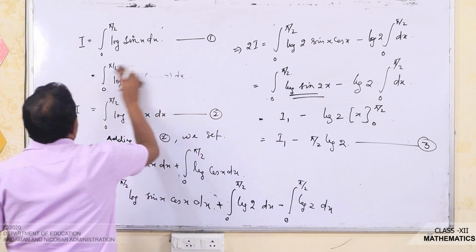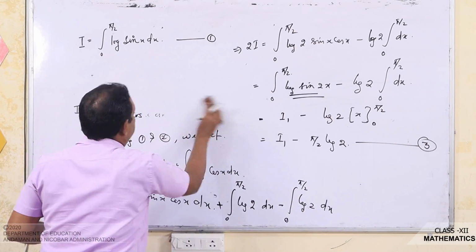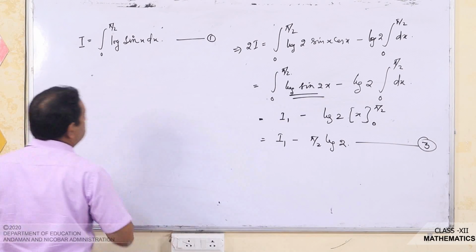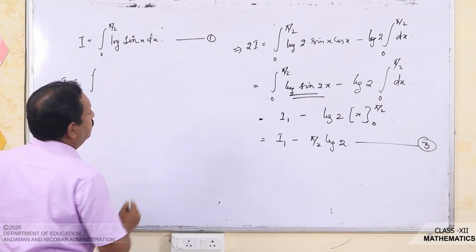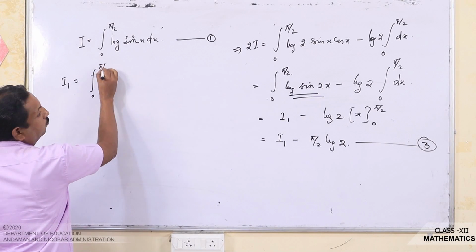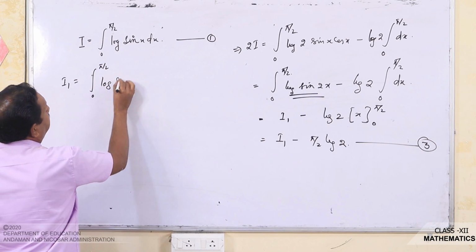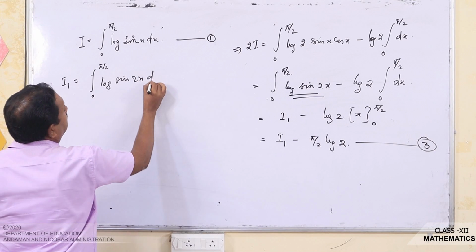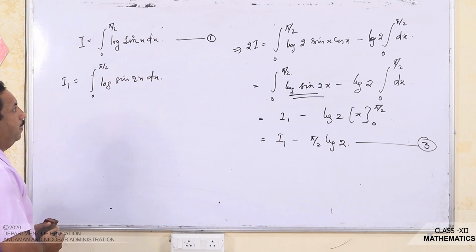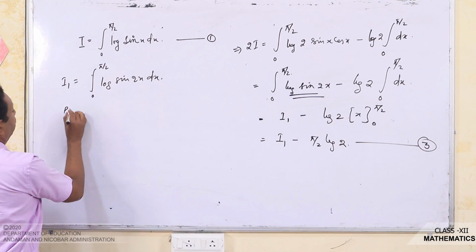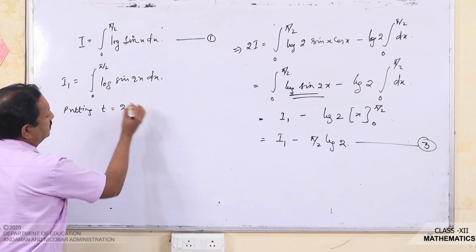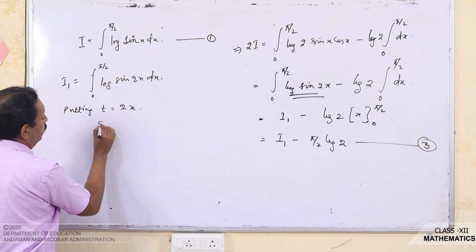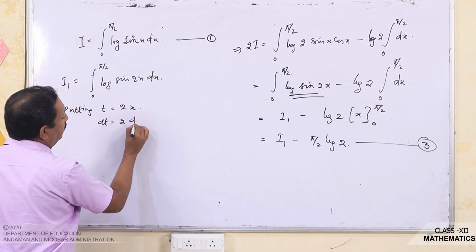Now I simplify this one. Let us take this I1. Our I1 is equal to integration of 0 to pi by 2 of log sin 2x dx. Putting t equal to 2x, that means dt is 2 times dx.